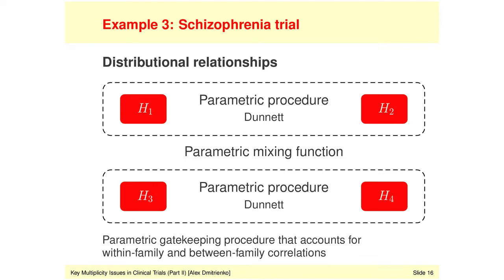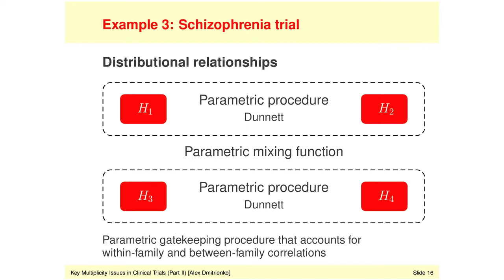The main difference between this slide and the slide that defined a non-parametric mixture-based gatekeeping procedure is that here we're applying a parametric procedure, the Dunnett procedure, within the first family, because we would like to be able to take advantage of the fact that we know the within-family correlations, and for the same reason we're going to apply a parametric procedure at the bottom of the slide within the secondary family, and then we're going to combine the inferences between the two families utilizing a parametric mixing function.